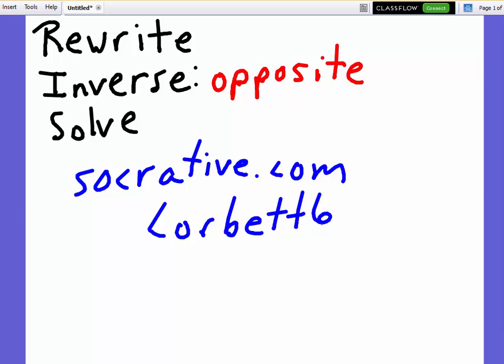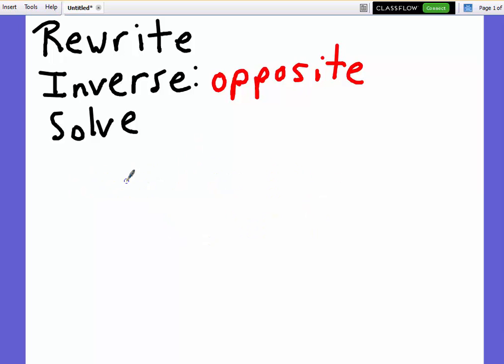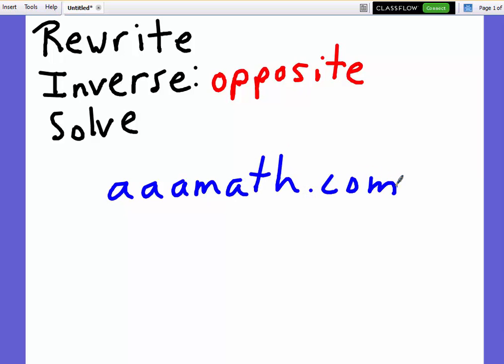When you are done with Socrative, I want you to go to AAA Math. You can either type the web address in, or better yet, go to our class website, because it will bring you to the 6th grade page. When you're on the 6th grade page, I want you to raise your hand, and I will come and show you which problems you're going to do.